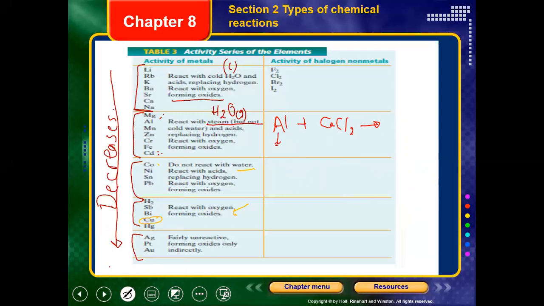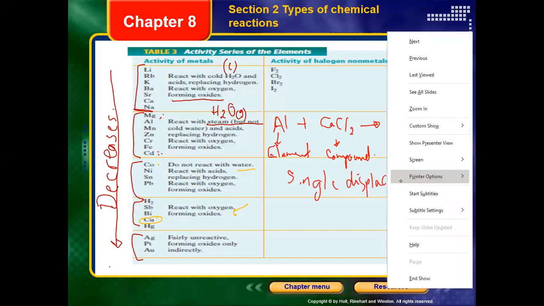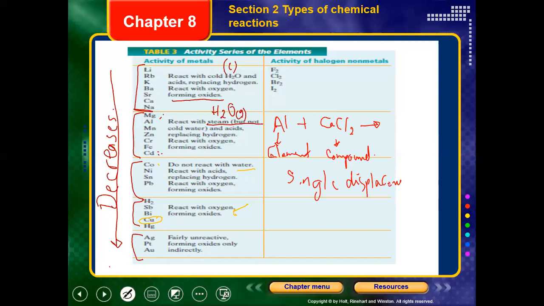Wherever you see an element and a compound, directly you say that this is a single displacement reaction. Either yes, it will happen, or no, it will not happen. How can I know? Look at this element. Aluminum is a metal, so it will try to replace another metal, which is calcium, not chloride.